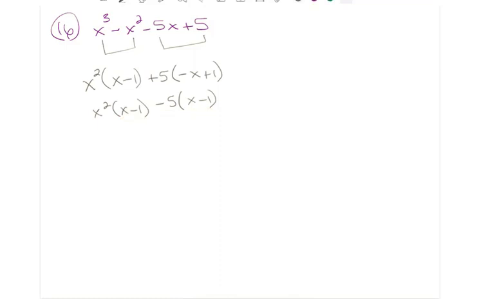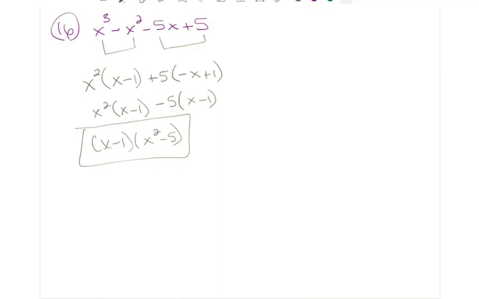So now we can factor out the common factor of x minus 1, and then that's going to leave us with x squared minus 5. And now we're down to 2 factors. Does that help? Awesome.